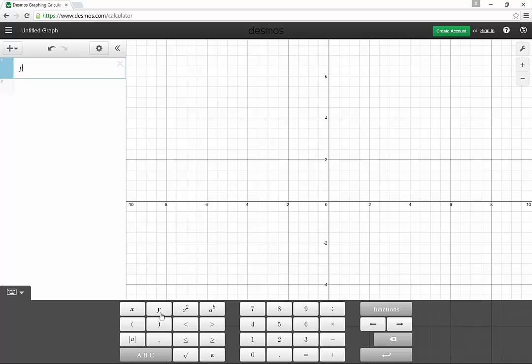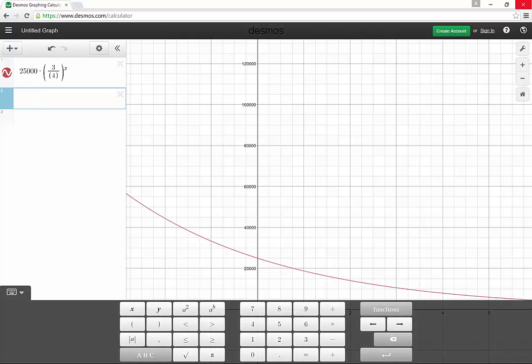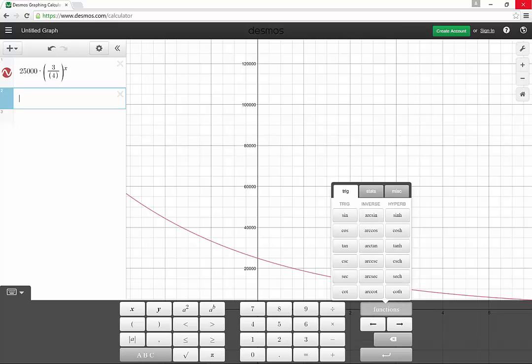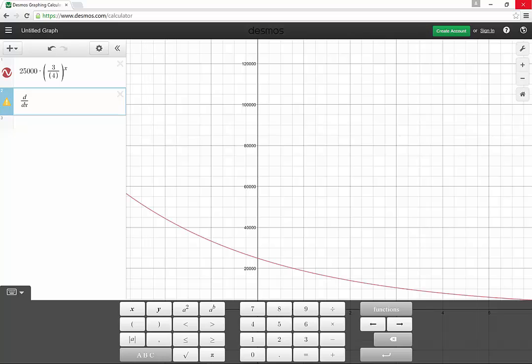Okay, so we would just be doing 25,000 times, and that's going to be raised to the, we'll just do x in this case. ddx of, just copy this, so ddx of all this.